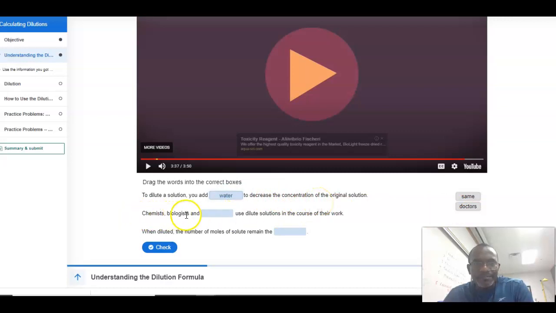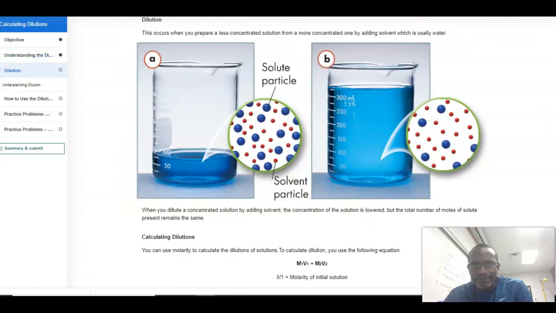Now, chemists, biologists, and doctors use dilute solutions in the course of their work. When diluted, the number of moles of solute remain the same. All right, so you check and see if you're correct, and then you move on to the next screen.